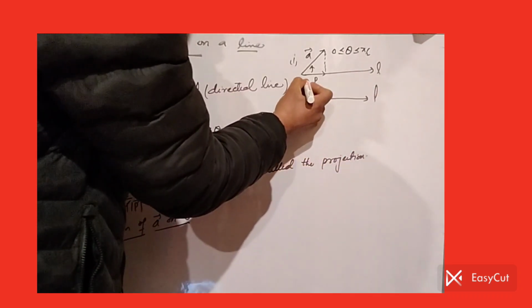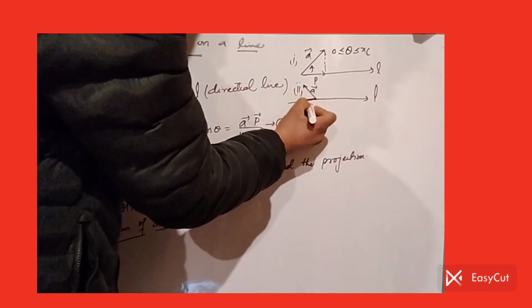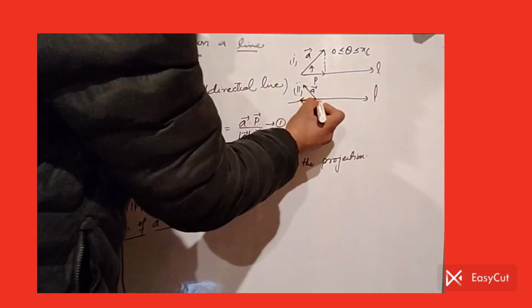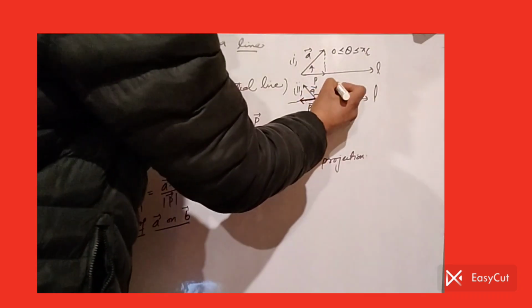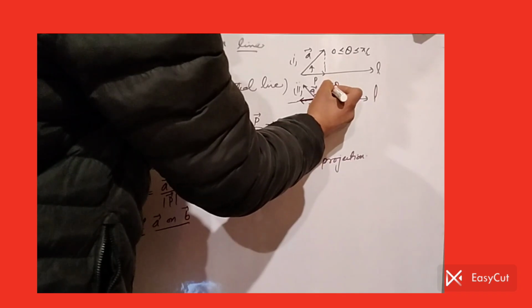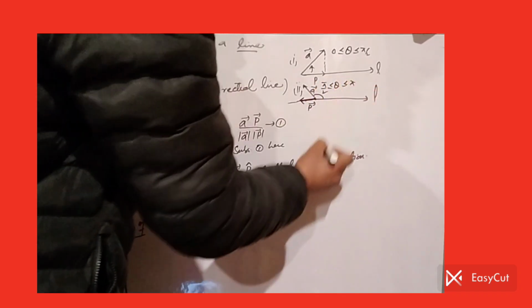If we put a torch here, the shadow will be somewhere here. So the projection vector must be p in this direction, and here theta must be greater than pi by 2 and less than or equal to pi.